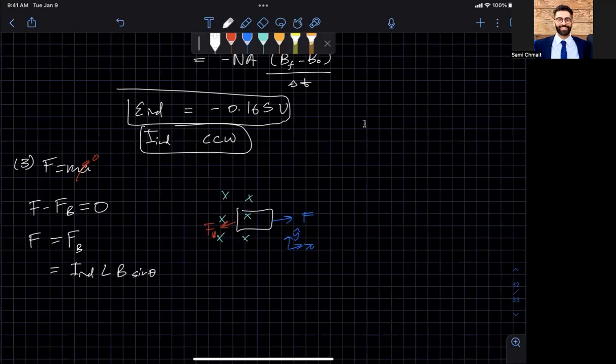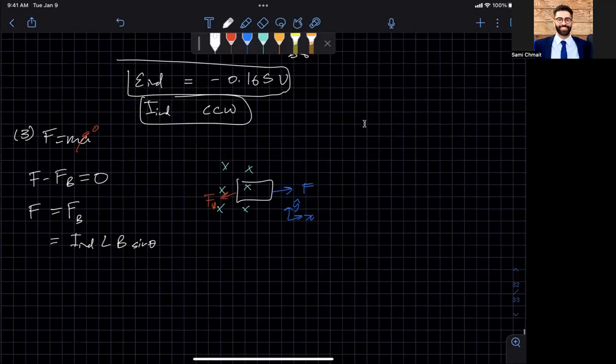And again, theta is 90 degrees, so sine is just 1. And I induced is equal to the induced EMF divided by R, times LB. Induced EMF is equal to BLV, divided by R.